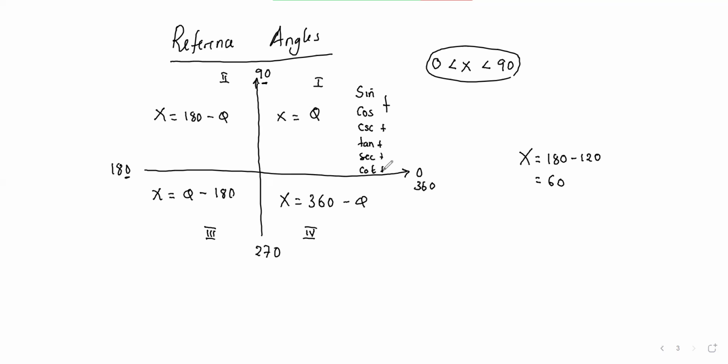But in the second quadrant, only sine is positive. That means even cosec will be positive because cosec is 1 over sine. The other ratios I mentioned are negative there.